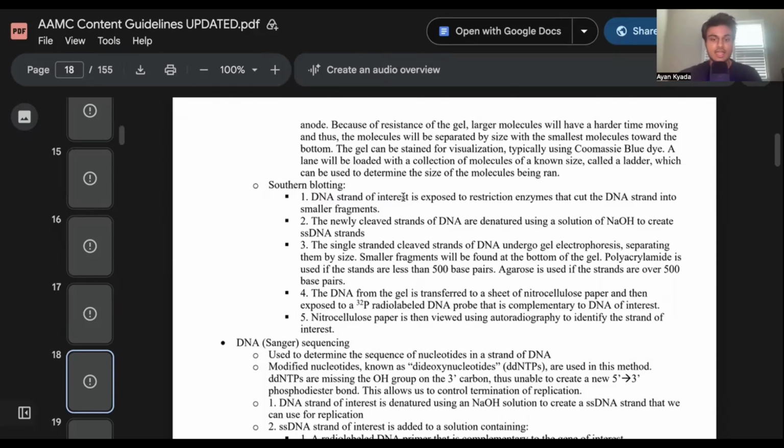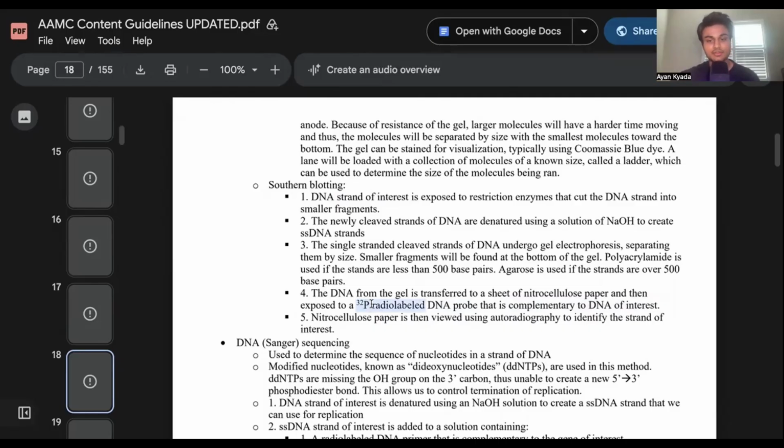And the way it does that is, again, after you have this clean separation, what you're going to do is synthesize a radiolabeled DNA probe that is complementary to your DNA of interest, the sequence you want to identify. So you're going to label it with a radioactive phosphorus isotope, and that's going to make it easy to identify.